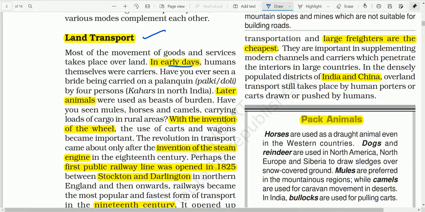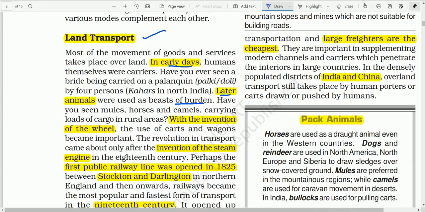But now we have different types of vehicles for carrying goods and human beings. In the early days, human beings were themselves the carriers during the kingdom period. Later, animals were used as beasts of burden.